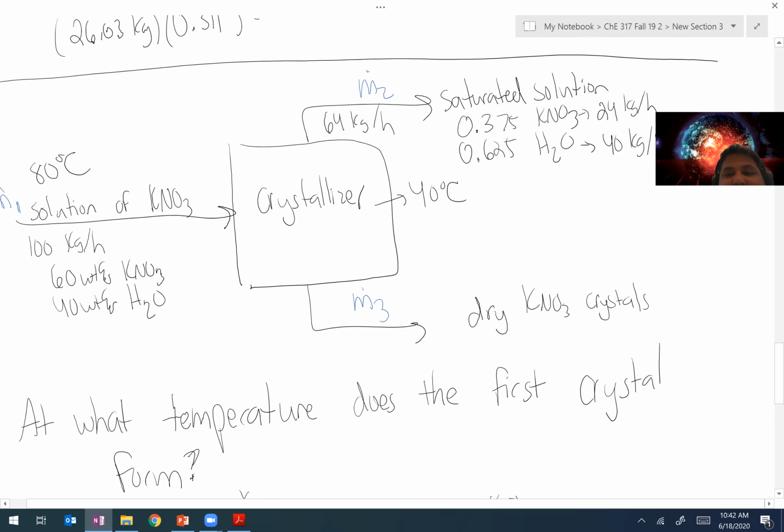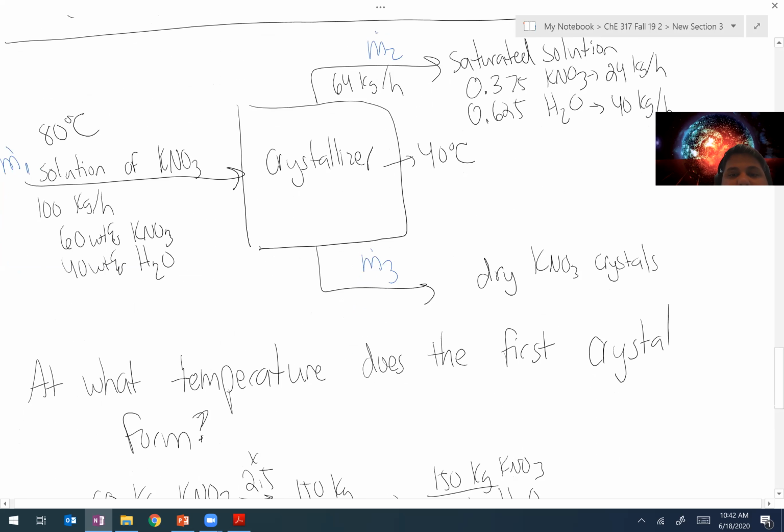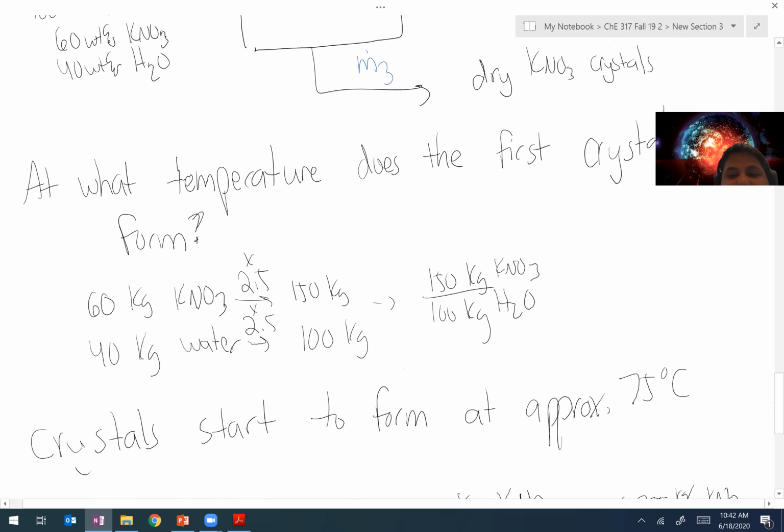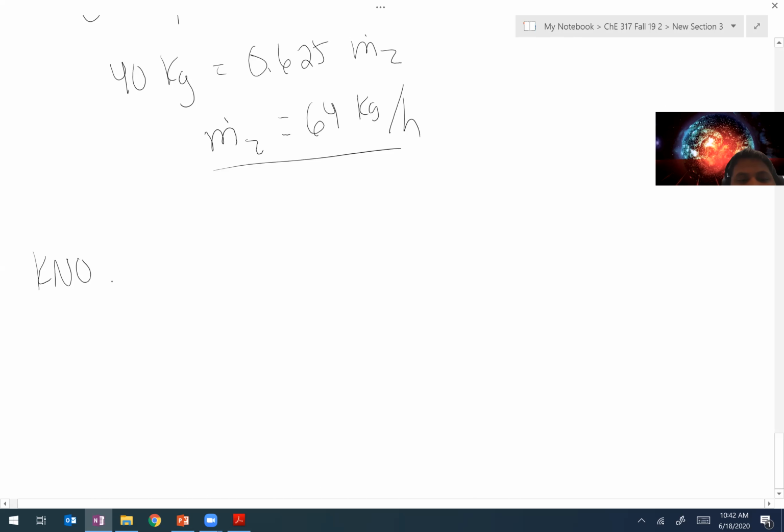And doing a material balance of crystals, or potassium nitrate balance, I have M1 equals M2 plus M3, or 0.6, 0.375.